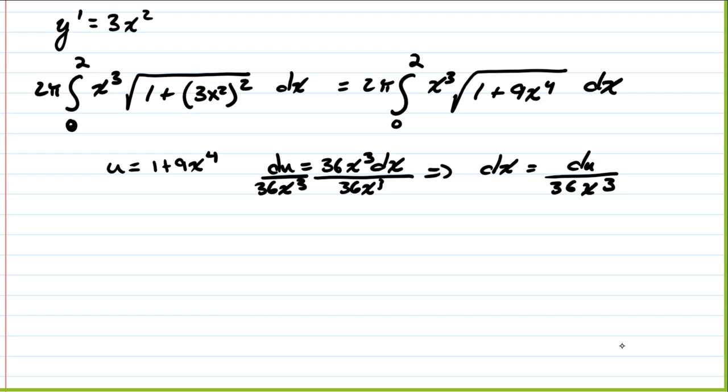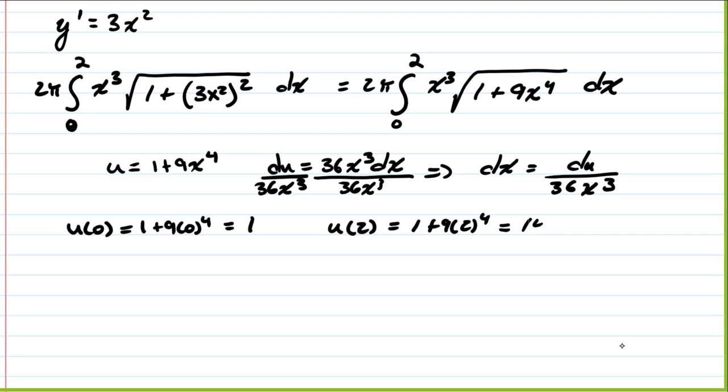Then we need to change our limits of integration. u of 0 is going to be 1 plus 9 times 0 to the 4th. Well, 0 times anything is 0, so we get 1. And u of 2 is going to be 1 plus 9 times 2 to the 4th power. 2 to the 4th power is 16, 16 times 9 is 144, plus 1 is 145.